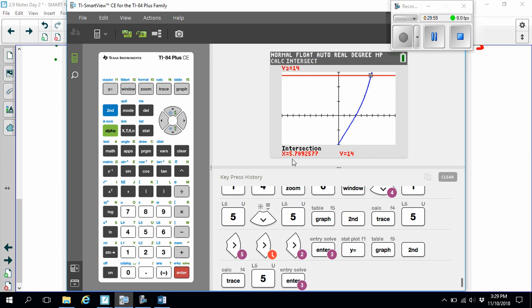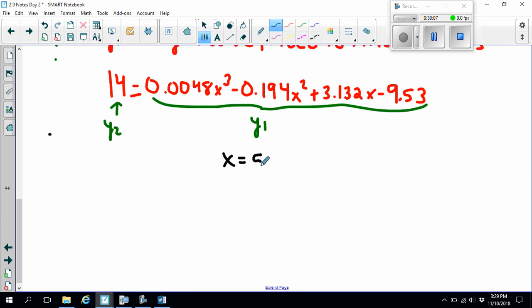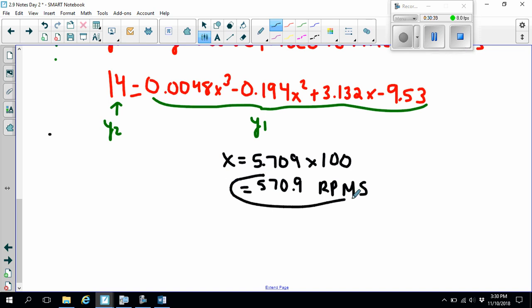We get 5.7, and we'll round to 3 decimals as we've done before, so 5.709. Since it was in hundreds, we need to multiply by 100, which means we move the decimal over twice. So we get about 570.9 RPMs. And this will be our final answer here.